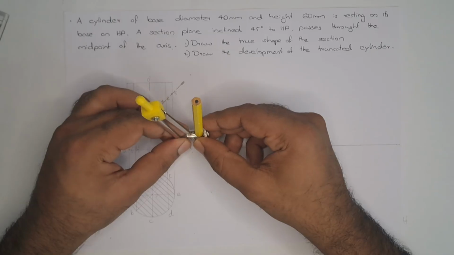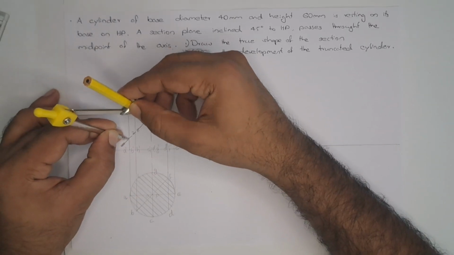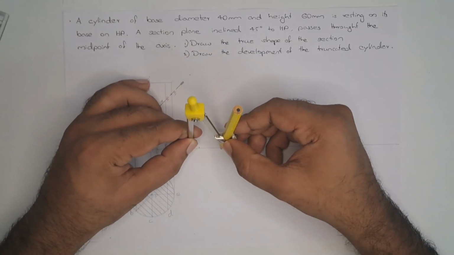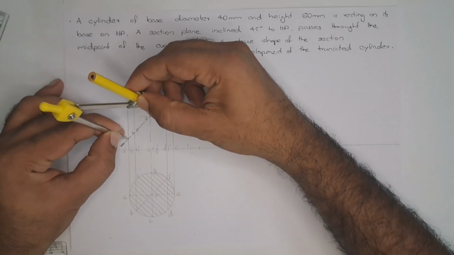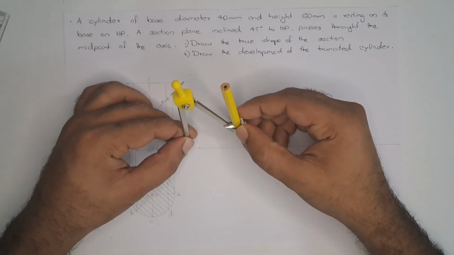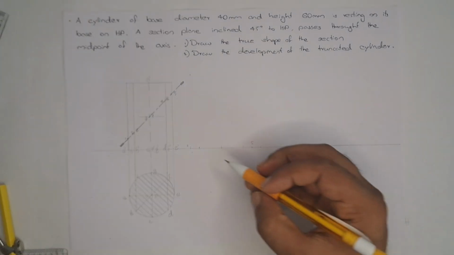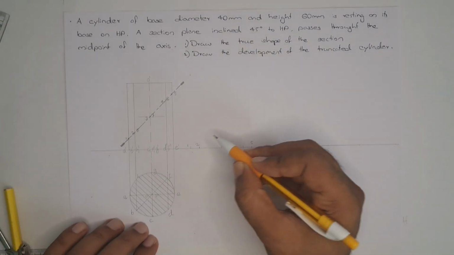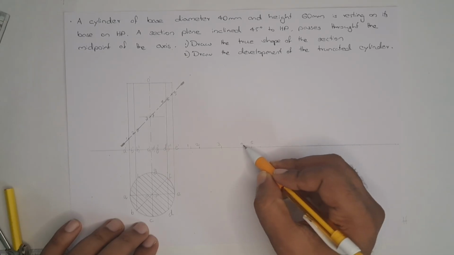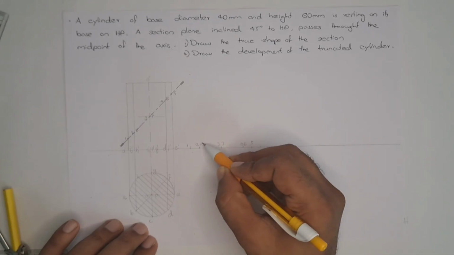So 1, 2, 1, 3, 1, 4. So we can name it 2, 3, 4, 5, 6, 7, 8.